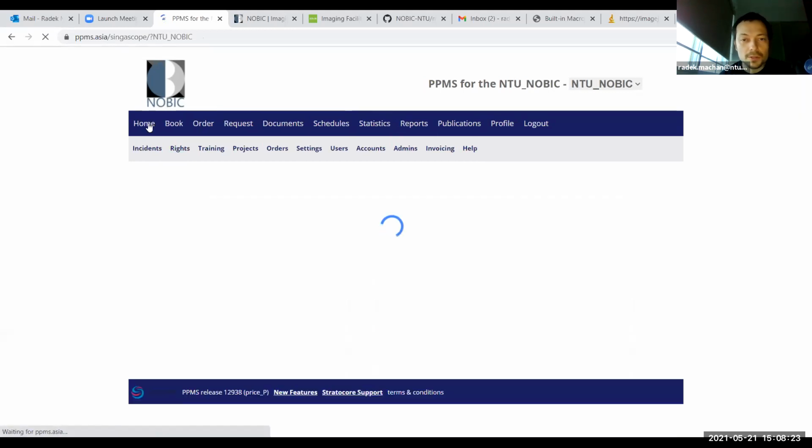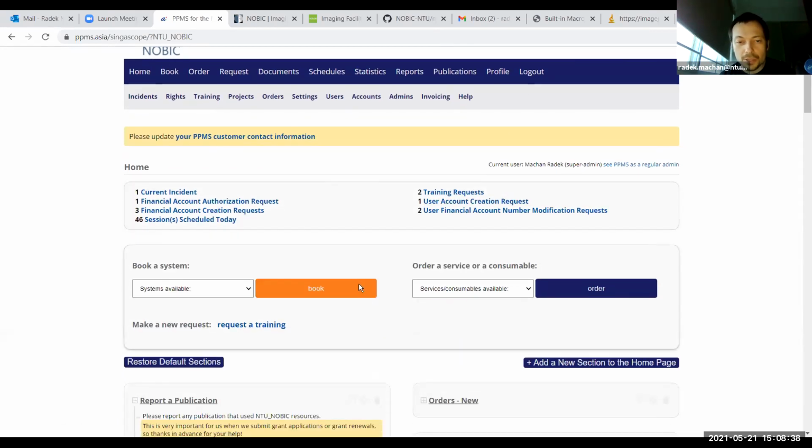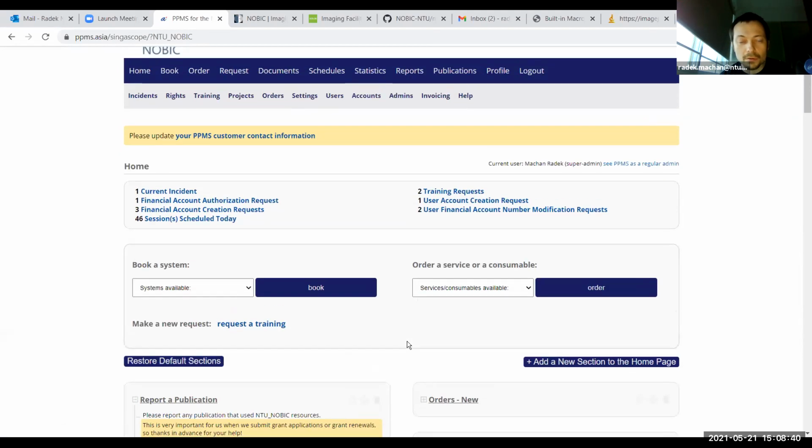I'll start with the home screen. The home screen for you might look a bit different because there might be features which are only relevant for admins.